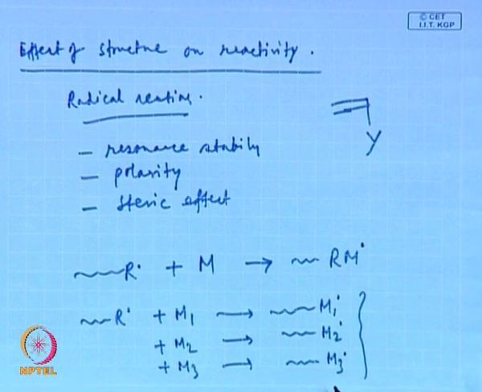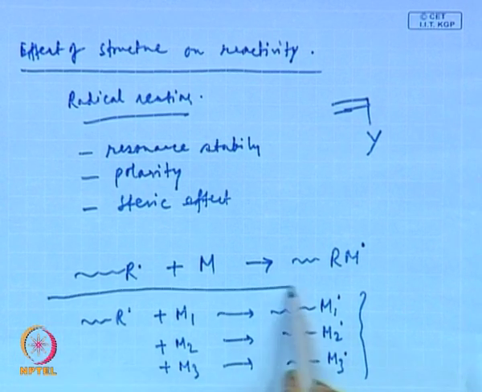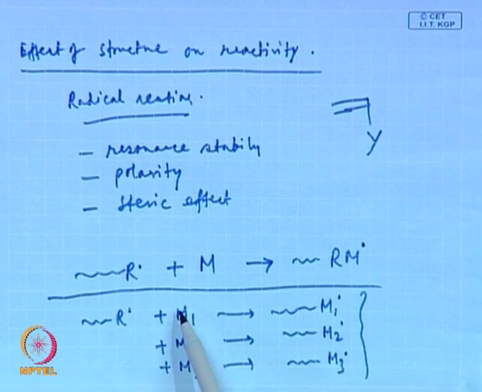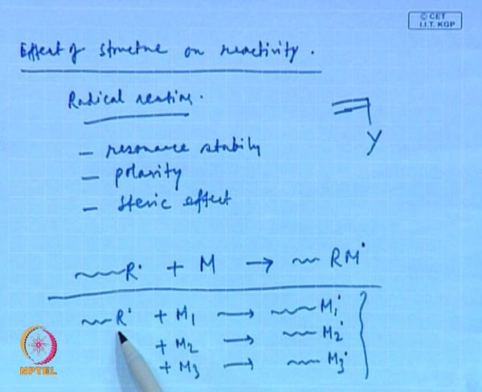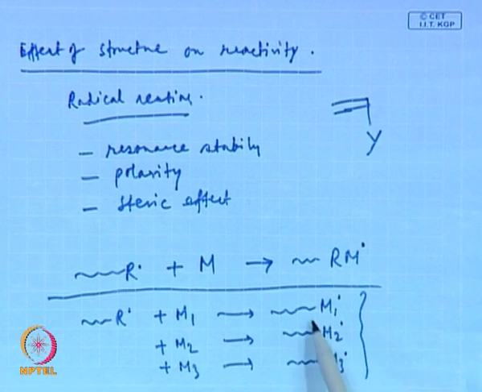What this essentially means is, if you want to compare the reactivity of these different monomers M1, M2, M3 towards a particular radical, it is essentially dictated by the stability of these three propagating radicals. If the propagating radical is more stable, then the reaction will go towards the right hand side, and if it is not that stable, then the reaction will not tend to go towards the right hand side.